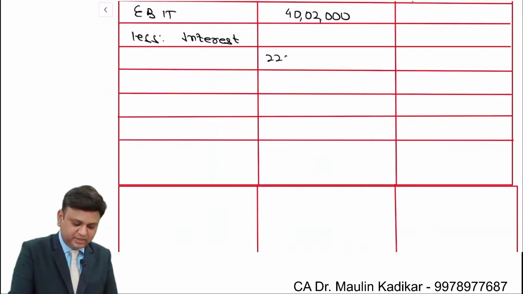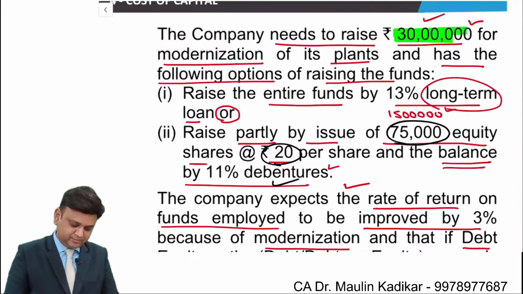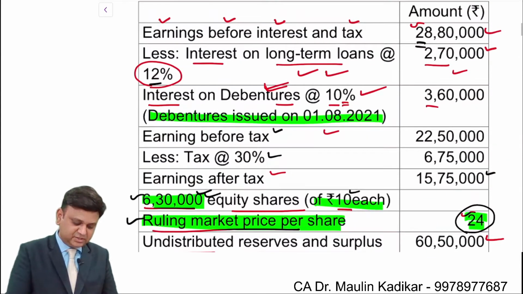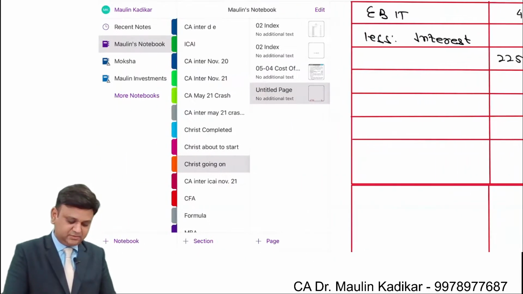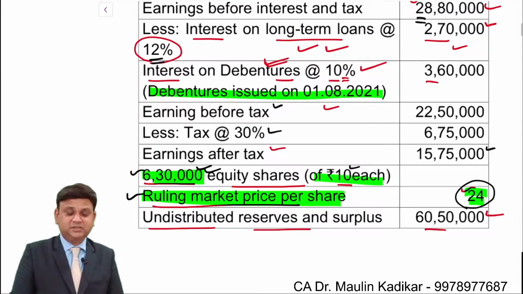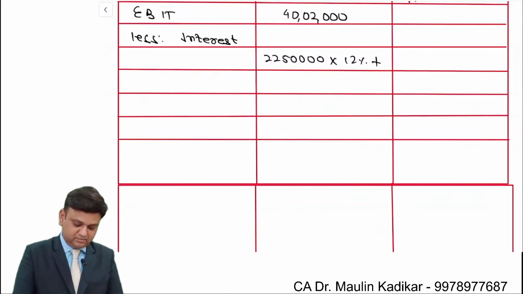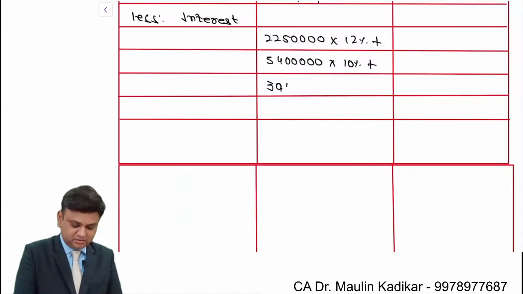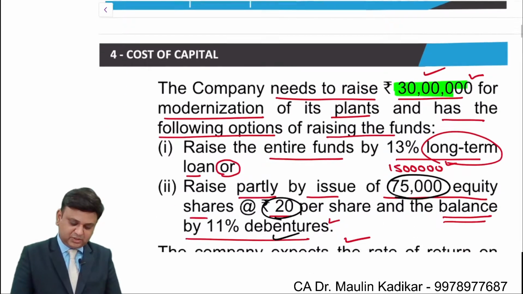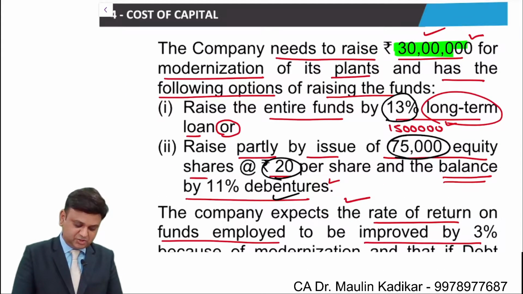For the long-term loan, 22,50,000 into a rate of interest of 12%, plus debentures, 54 lakhs into 10%, plus additional 30 lakhs, for which the rate of interest is provided as 13%.